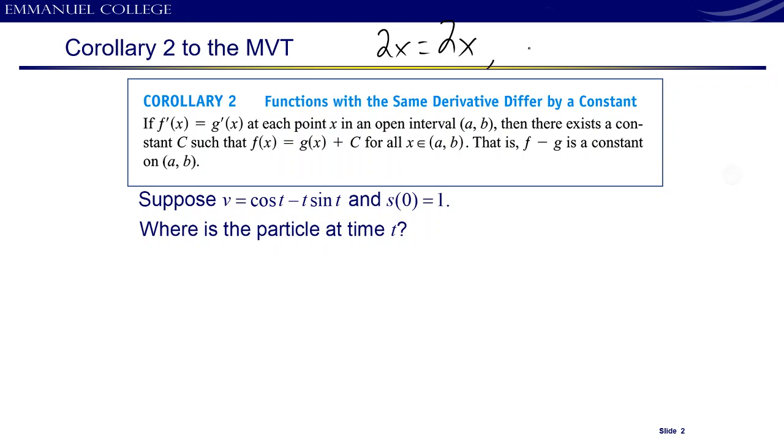But you know that x squared plus 3 does not equal x squared minus 4. So if this is f of x and this is g of x, which aren't equal, but their derivatives are equal, then the only thing that separated them was a constant. Because remember, a constant is just going to add a vertical shift.